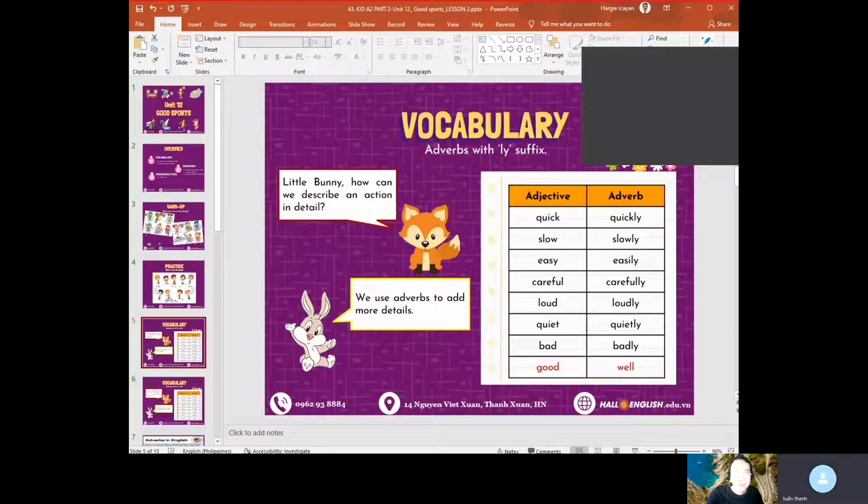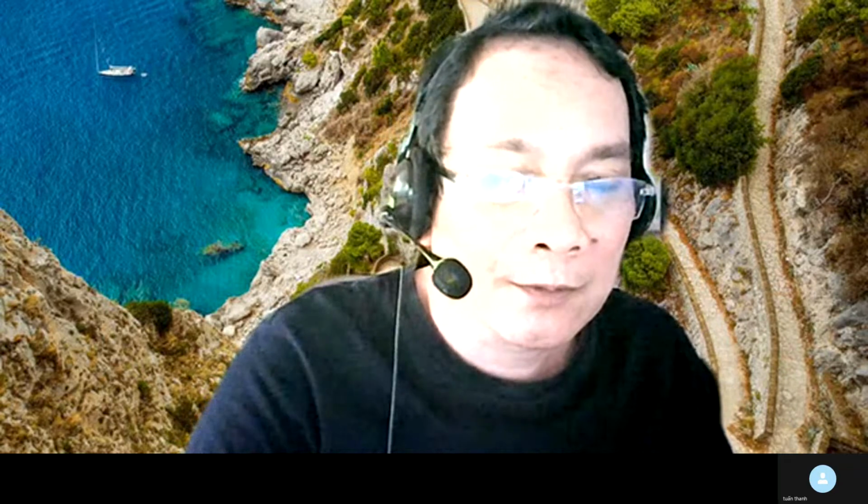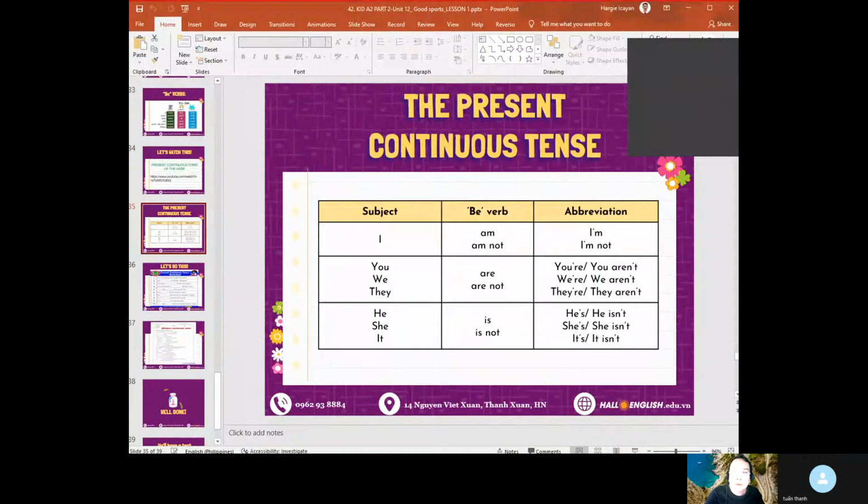No, I don't see your screen. You cannot see it? Okay, for a while I have to fix it. Okay, what about this time? Can you see it now? Yeah, I can see.